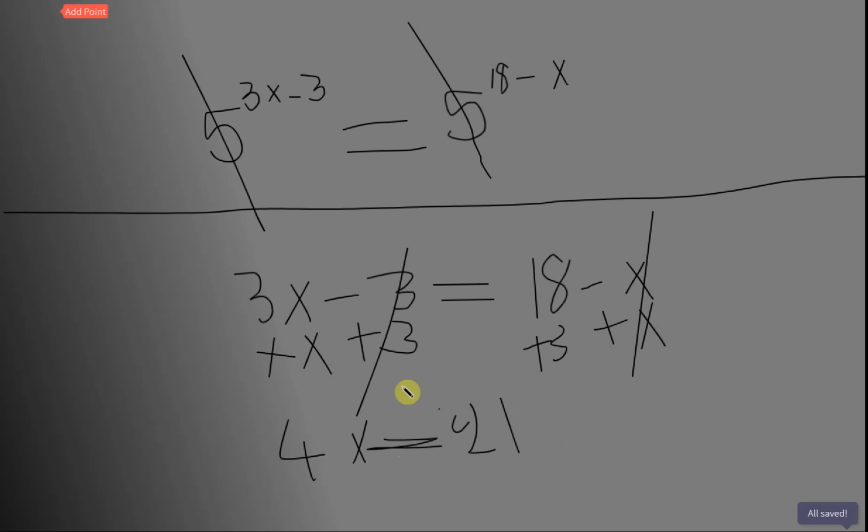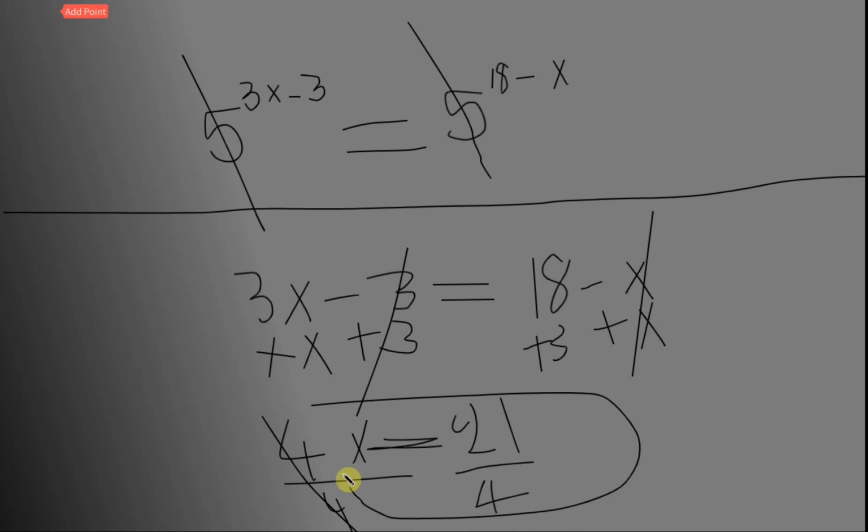Okay, we've gotten this. Since the 4 is in the way, we divide by 4. That cancels this whole thing out. And therefore, we get that x is equal to 21 divided by 4. Now, this was an okay problem too, not so hard.